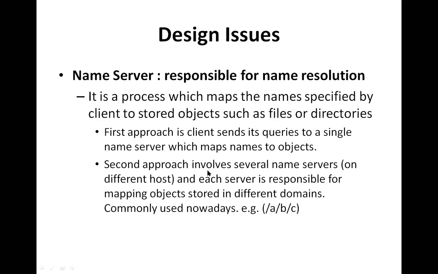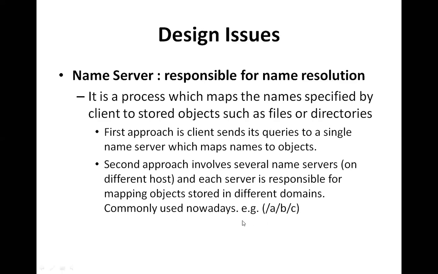The second approach involves several name servers on different hosts, and each server is responsible for mapping the objects stored in different domains. This approach is commonly used in distributed systems nowadays.